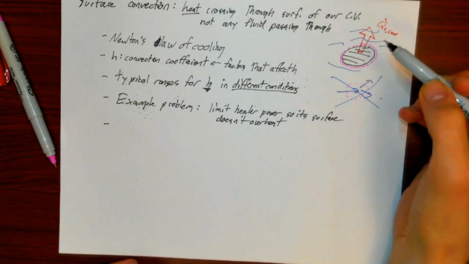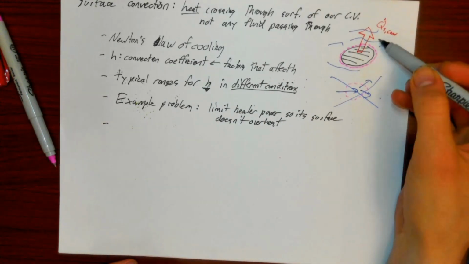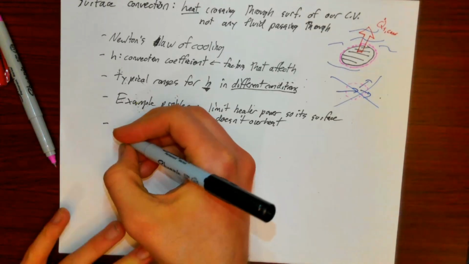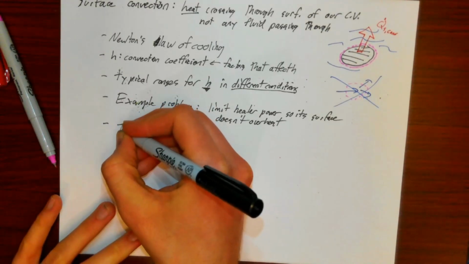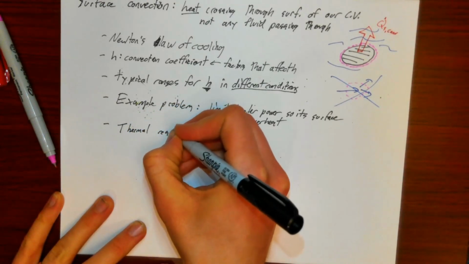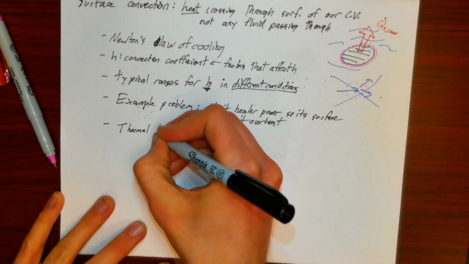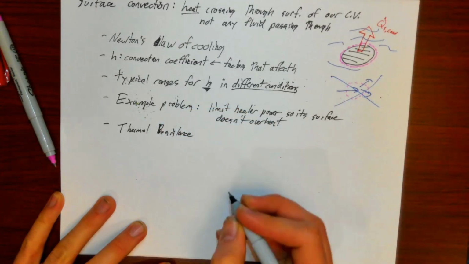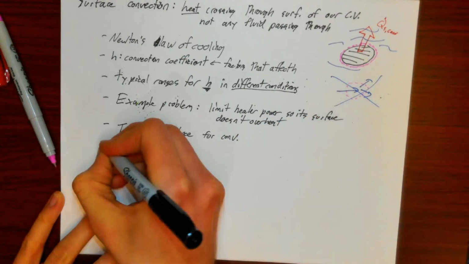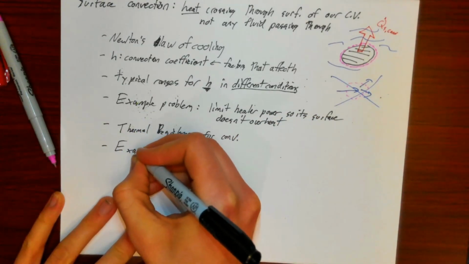Well, it turns out that convection can also be framed as a thermal resistance problem. So we'll talk a little bit about how to formulate thermal resistance for convection, and then we'll do an example problem for that as well.